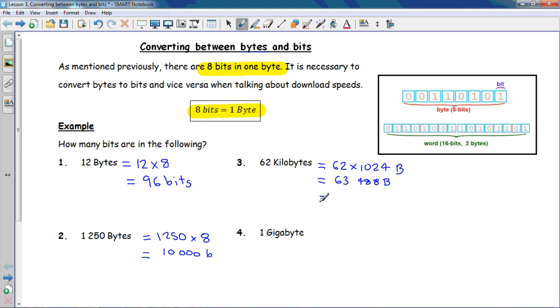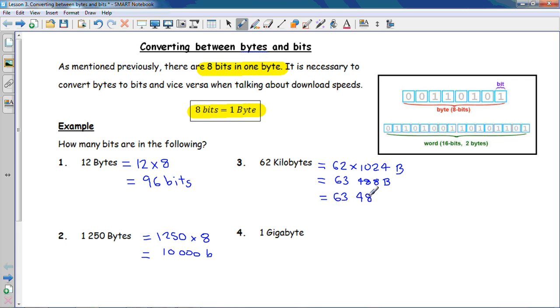Then we need to convert to bits. Now I can't stress the importance enough of writing your units in here. If you just do the working out, then there's random numbers down the page. We don't know what you're talking about. We don't know if you know what you're talking about or what you've converted to. So it's really important that you put your units there. So now converting to bits, we have it in bytes now.